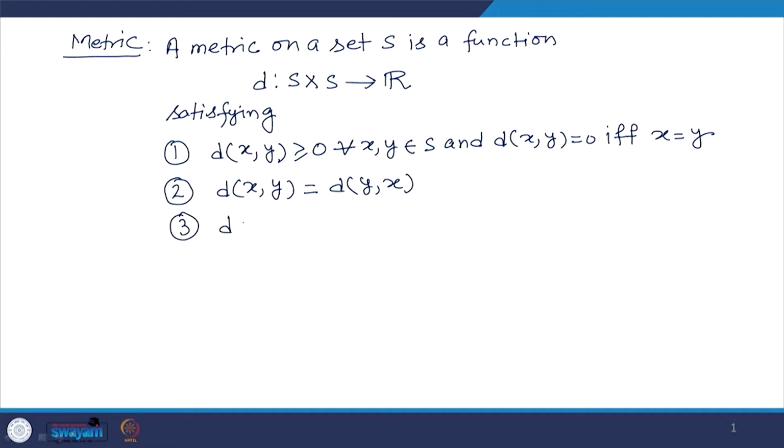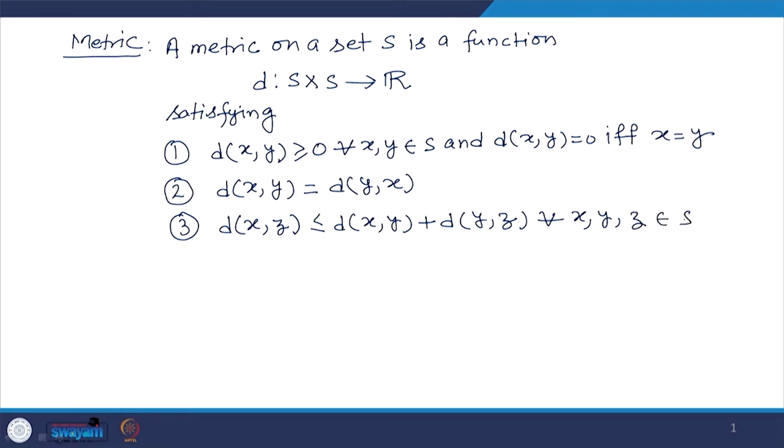And the third property is the triangle inequality: if you have 3 elements x, y and z from the set S, then d of x z is always less than or equal to d of x y plus d of y z, for all x, y, z belonging to S. If a function from S cross S to R satisfies these 3 properties, then we say that the function d is a metric.